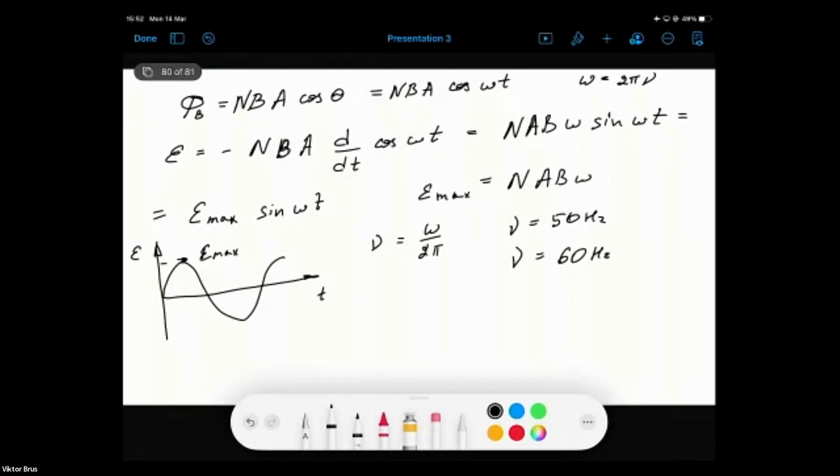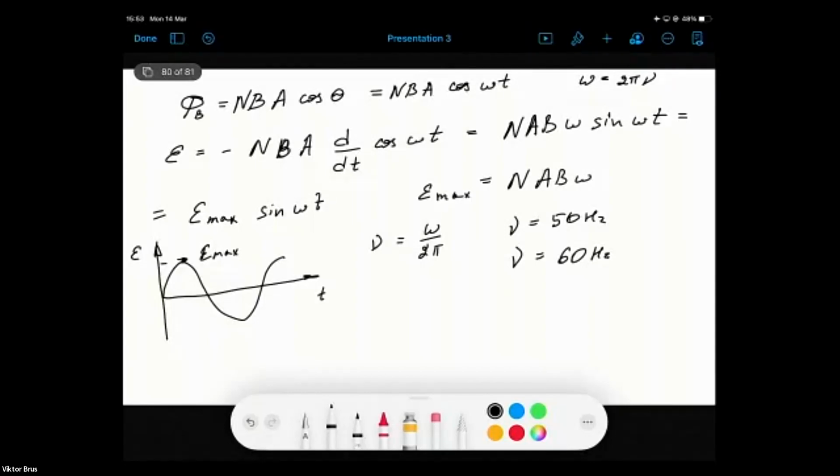So there is a certain difference in these frequencies, but the majority of all modern electric power systems, with very few exceptions, are based on alternating current generators and alternating current.